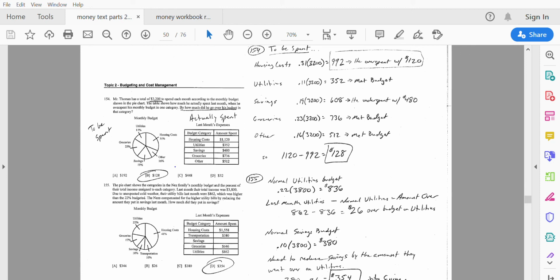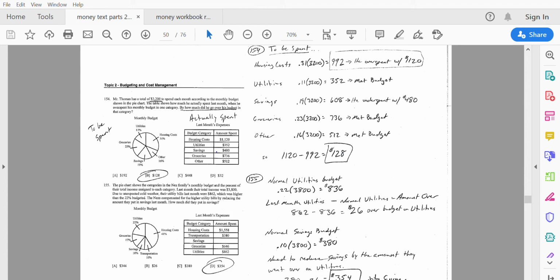So this one, there's kind of a lot going on here. First, we're going to figure out how much did they overspend for utilities. So we don't have to worry about all these other percentages. We need to worry about utilities right here. So that's 22%. So we wrote that as 0.22. Their monthly budget was $3,800. So they're budgeted to pay $836.